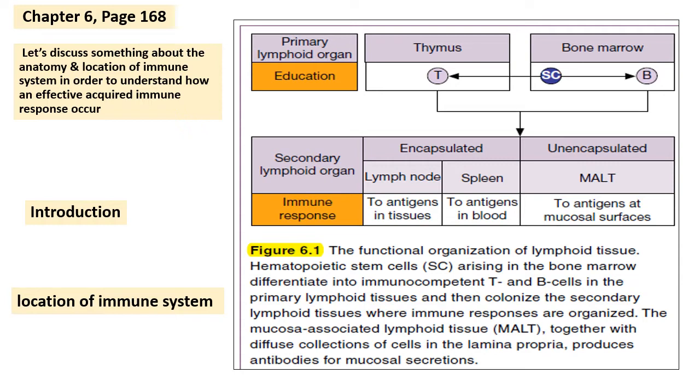T cell precursors must travel from bone marrow to the thymus to be fully mature. The bone marrow and thymus are primary lymphoid tissue, in which mature lymphocytes are produced.